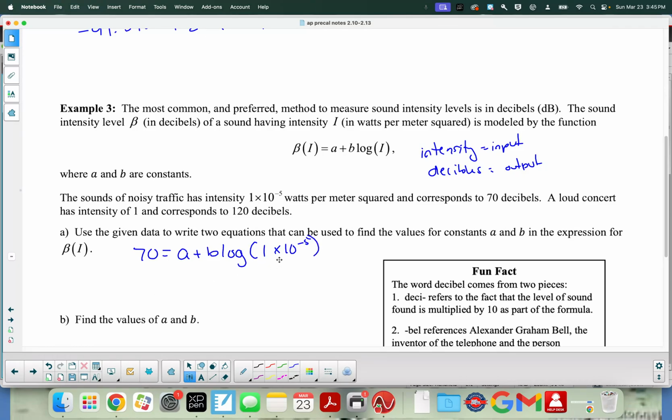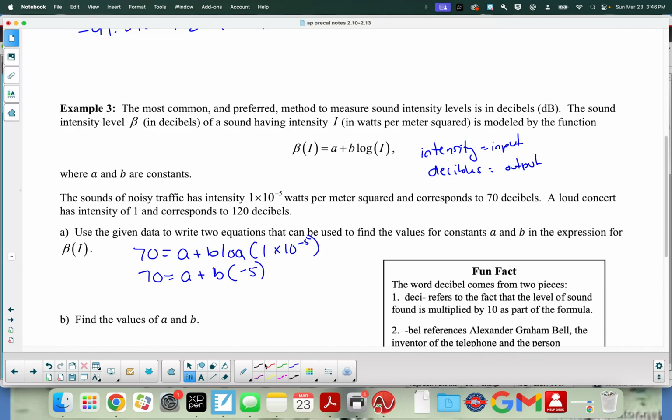All right, that actually can be simplified because this is log base 10, and the 10s would cancel each other out. So what you actually have is 70 equals a plus b times negative 5. Because again, log base 10 of 10 would be 1, and then all you would have left would be negative 5. My apologies.